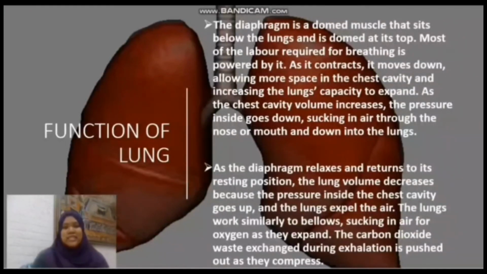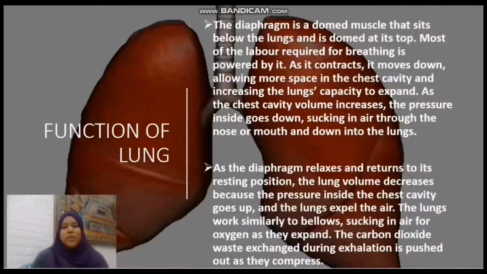As the chest cavity volume increases, the pressure inside goes down, sucking in air through the nose or mouth and down into the lungs. As the diaphragm relaxes and returns to its resting position, the lung volume decreases because the pressure inside the chest cavity goes up and the lungs expel the air.